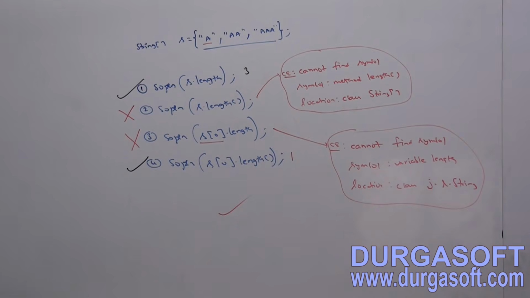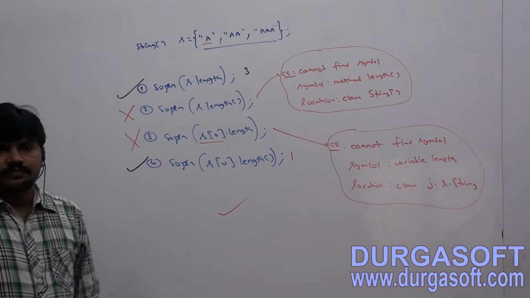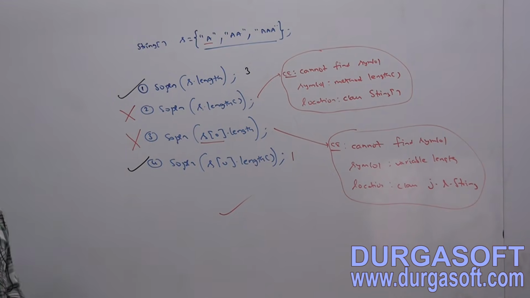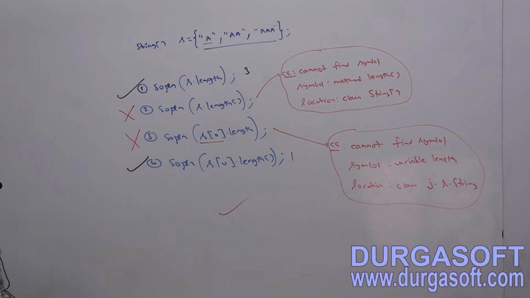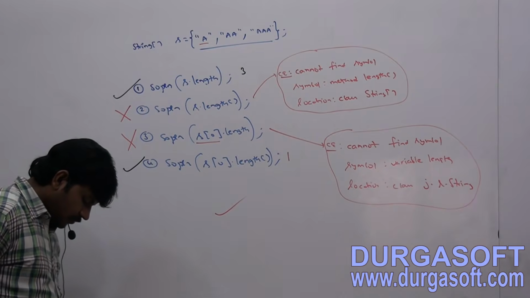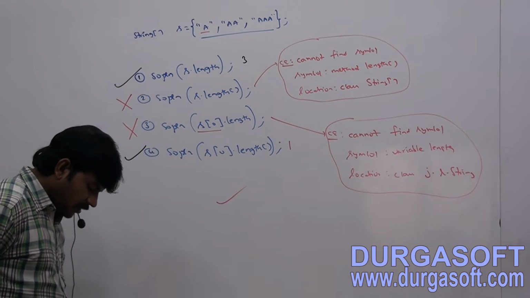Cannot find symbol: method length, location class string array. Completed, right?